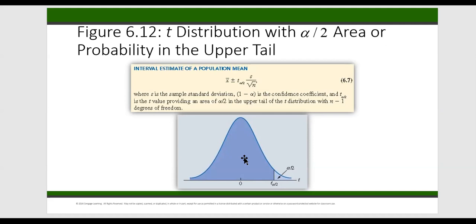So that would be kind of an error. The chance that your interval does not contain mu. This is how we define the level of significance.